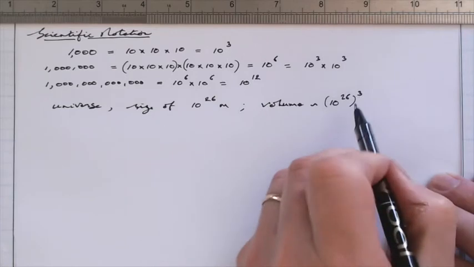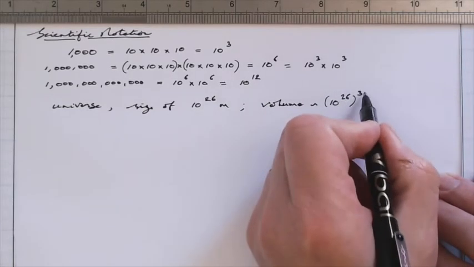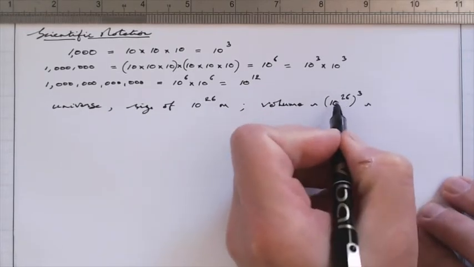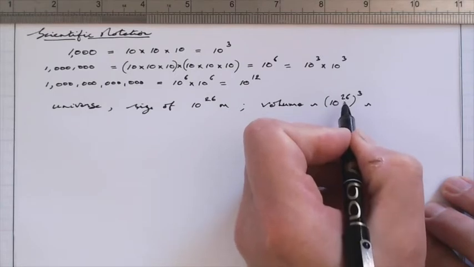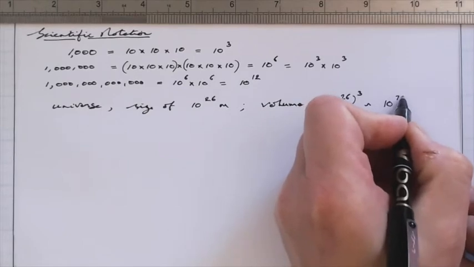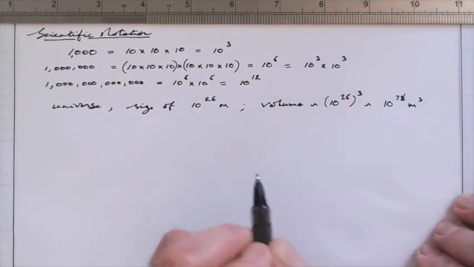And using our rules of indices, we know how to do this. When we have a power, all raised to a power, we just multiply these. So the volume of the universe then, let's see, 3 times 26 is 78. So the volume of the universe would be 10 to the 78 cubic meters.